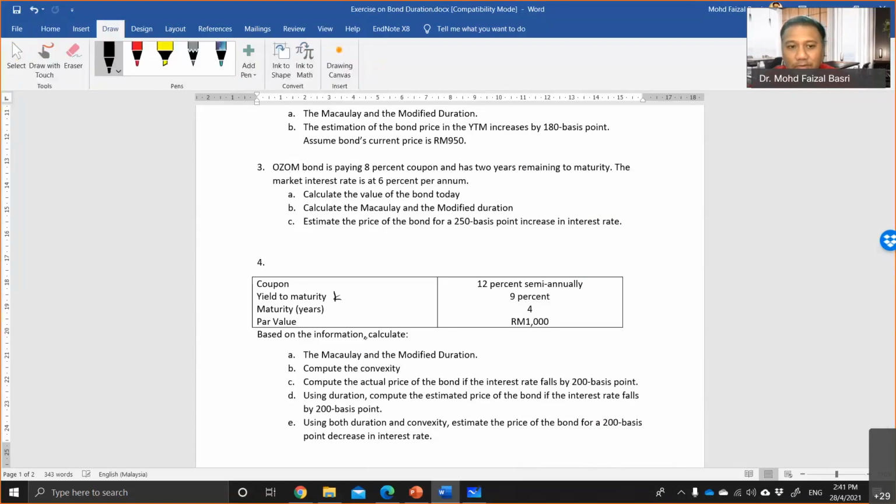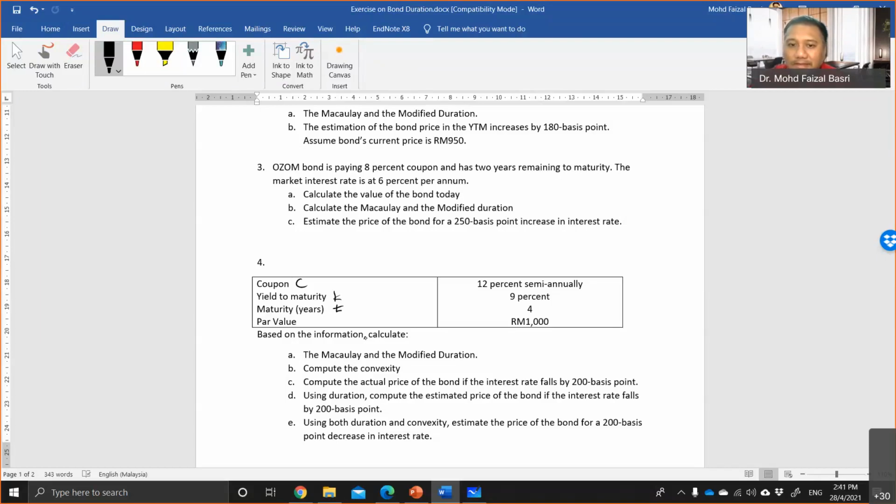This is the C, the coupon. So the yield to maturity, or the K, is 9%. And the maturity is 4. Sometimes we use N, but in this case, we use T. 4 years.